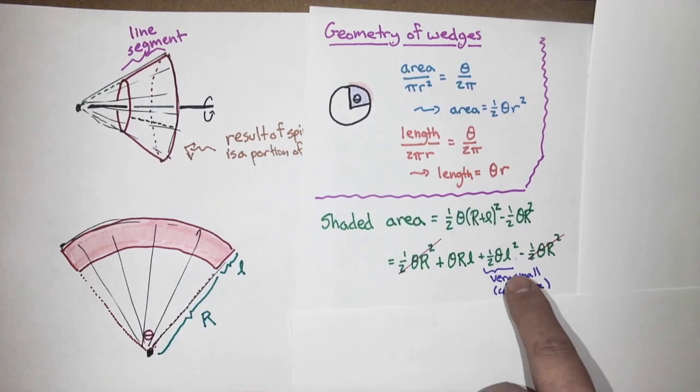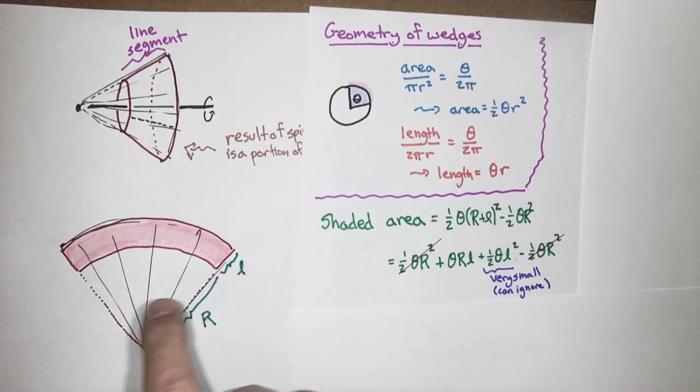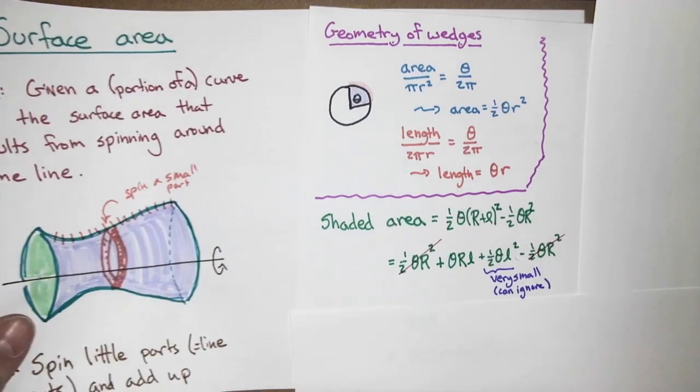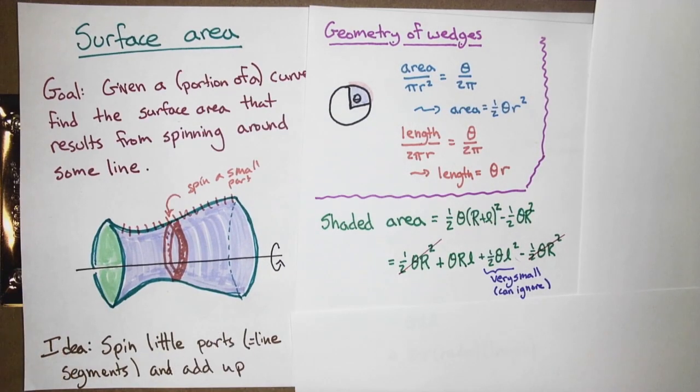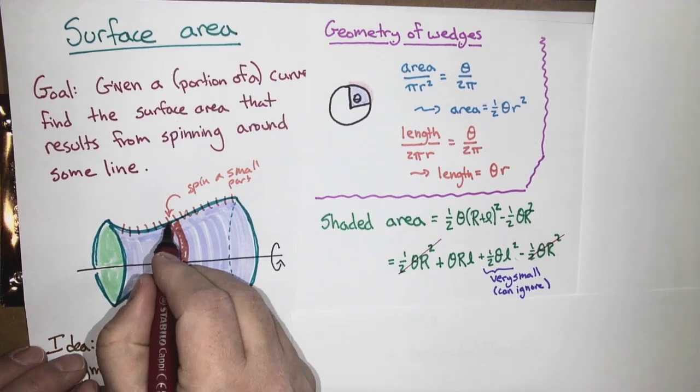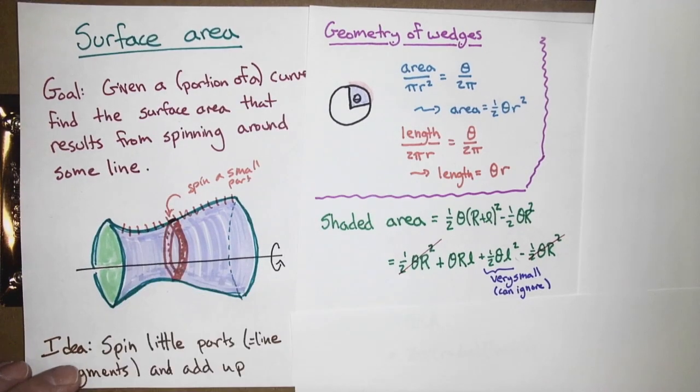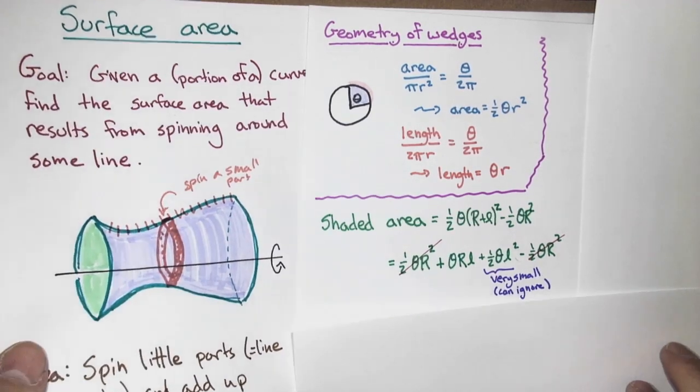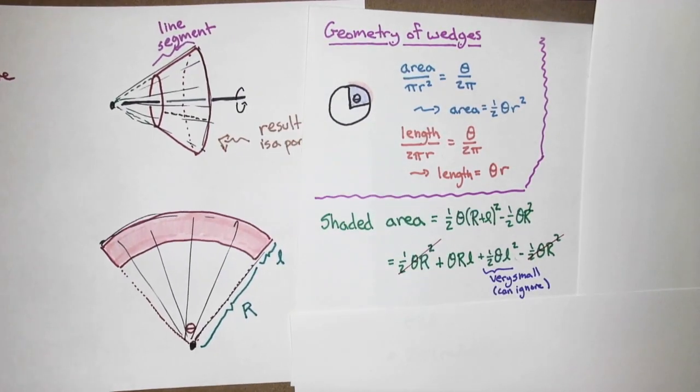L is very tiny. Remember, we're cutting into very small segments. If we come back to our picture, when we talk about L, it's this length here. And that's going to become very, very small. And so when you take something very, very small and you square it, it's going to become really ridiculously small.